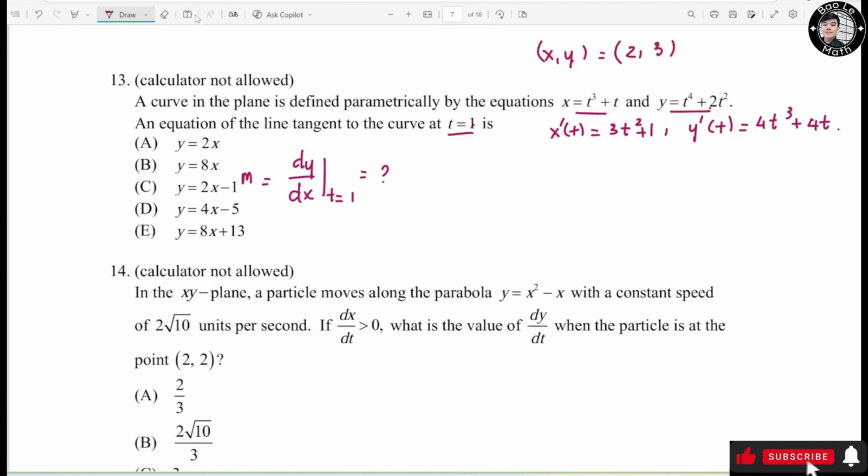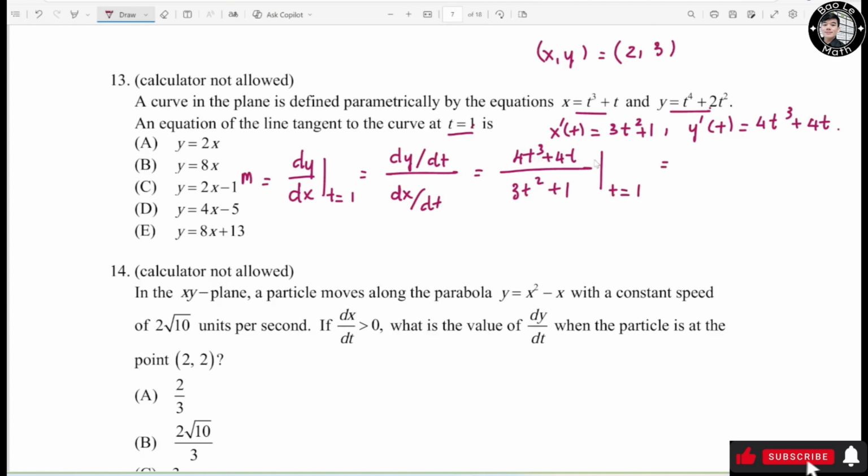So dy over ds is the same thing as dy over dt divided by ds over dt, right? Now dy over dt is going to be 4t cubed plus 4t divided by ds over dt is going to be 3t squared plus 1. Evaluate this one at t equals 1, right?